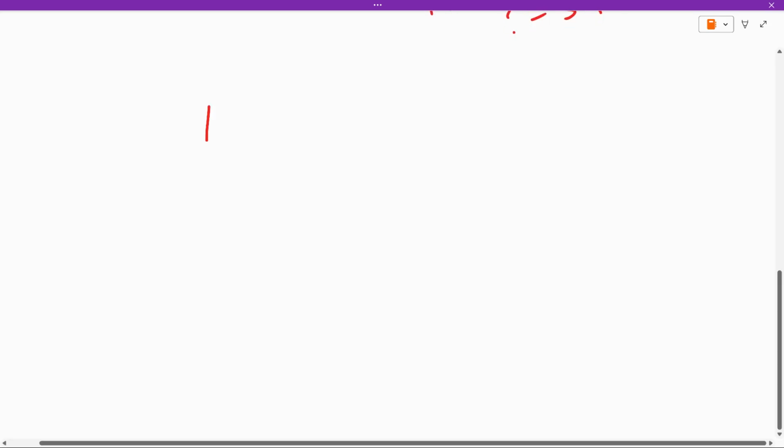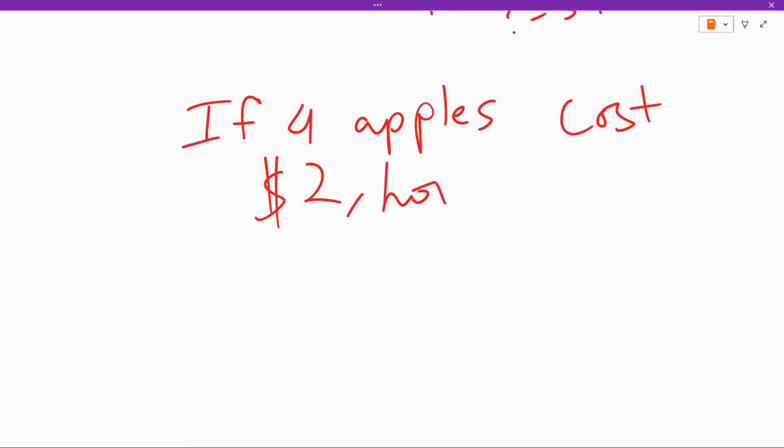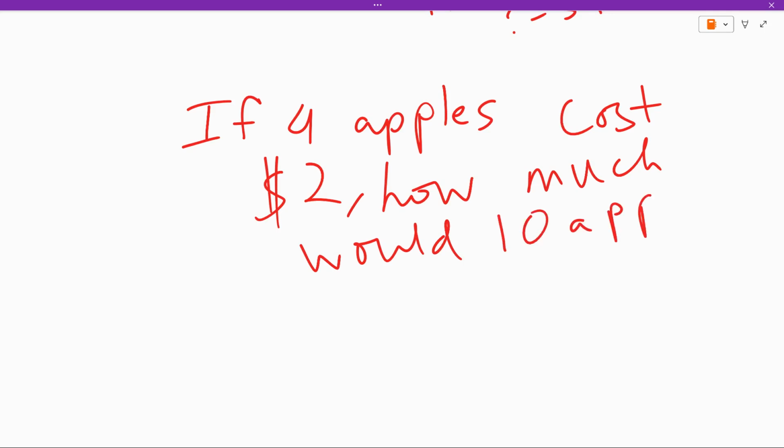Okay, so let's solve a simple example. If 4 apples cost $2, how much would 10 apples cost?